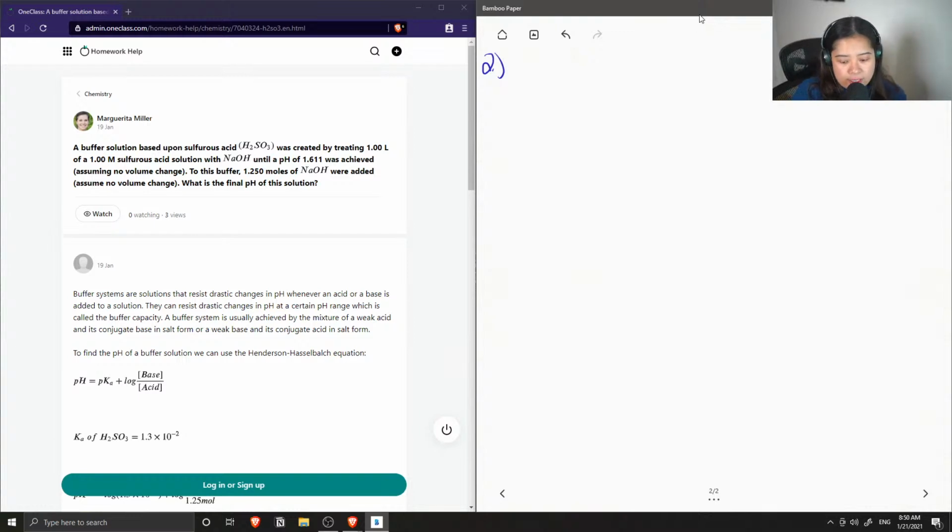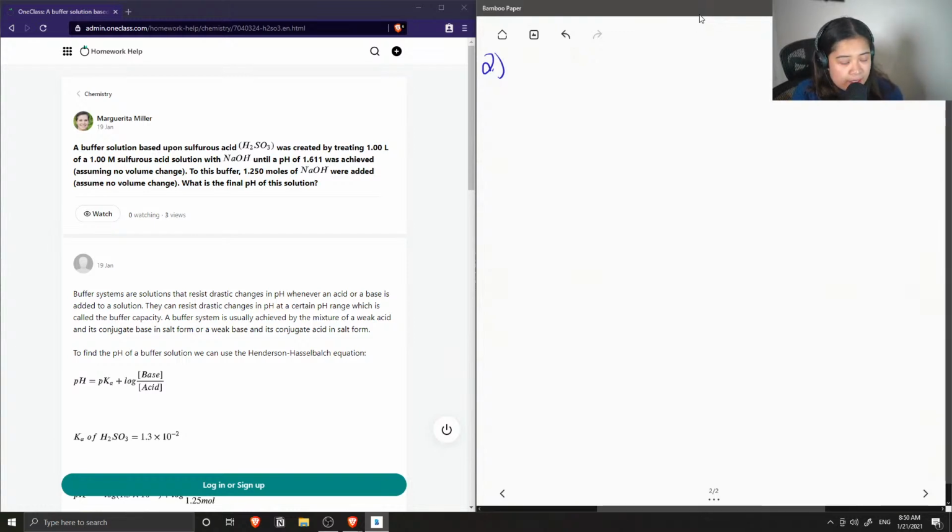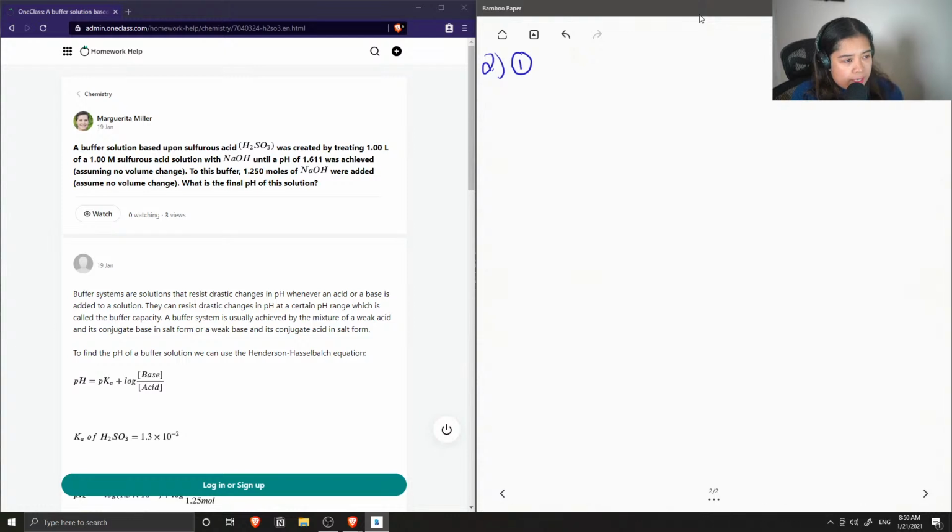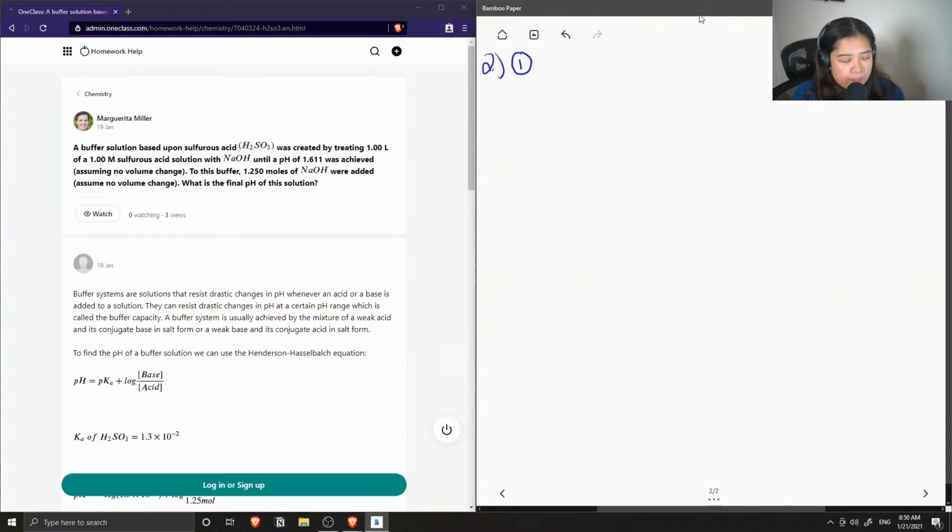Okay, so this is actually a very long multi-step question, but we'll tackle each step one by one. So the first thing I like to do when we do buffer questions is to think about all the steps that they took in order to create the solution. And you need to realize what reacts with what and how much of it is left over that carries on to the next step.